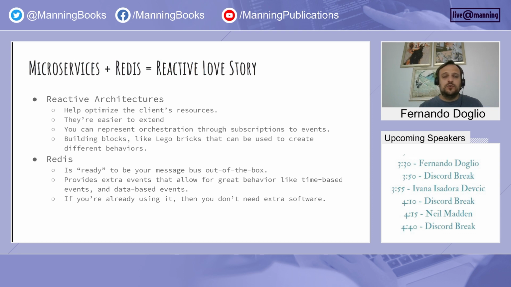They're easier to extend because there is little orchestration logic to modify whenever you have to either add new services or change the way they interact with each other. Again, you can represent the orchestration through subscription to events. That simplifies everything, and essentially they become building blocks or Lego bricks that you can use to create different behaviors or even different platforms altogether.